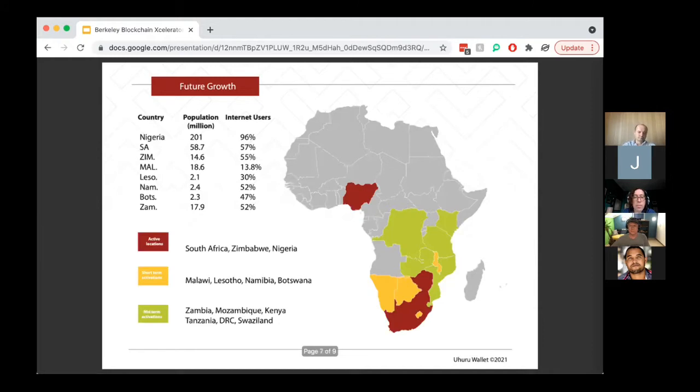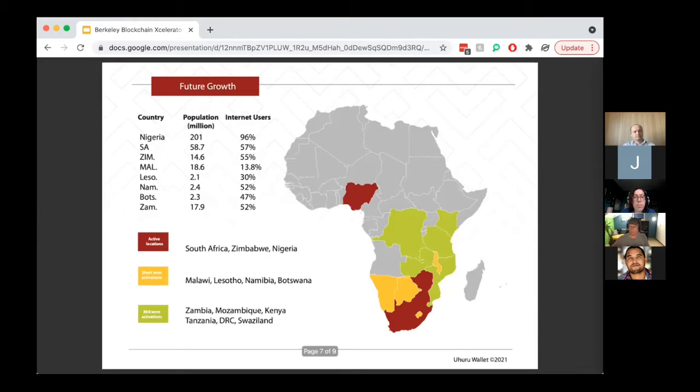So far, we have launched in South Africa, Zimbabwe, and Nigeria, and we're looking into expanding to other Southern African countries like Malawi, Lesotho, Namibia, Botswana, and mainly most countries in Africa that are doing very well.